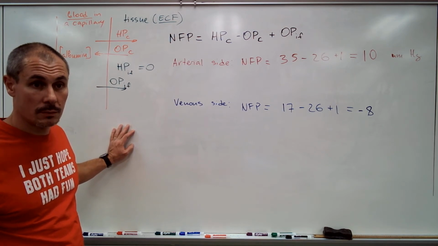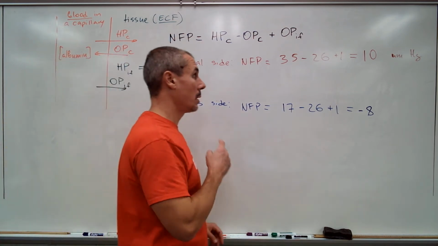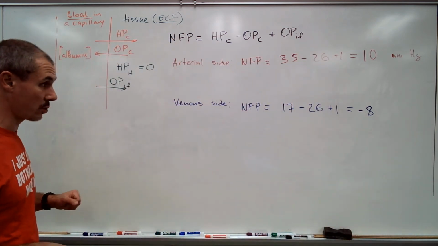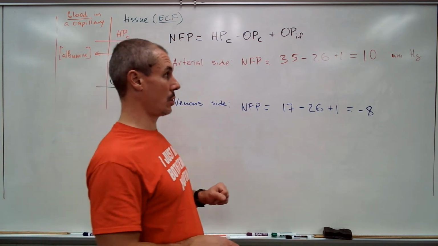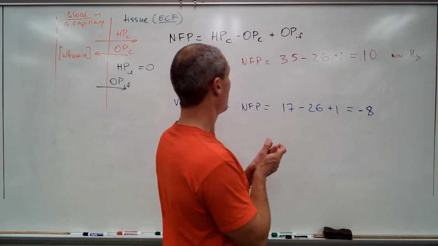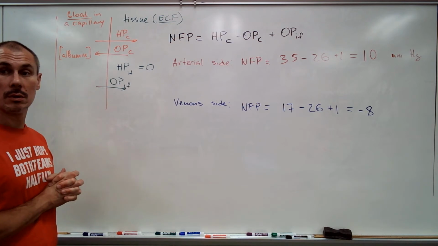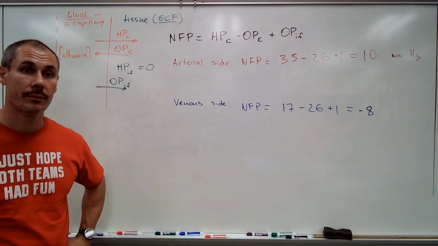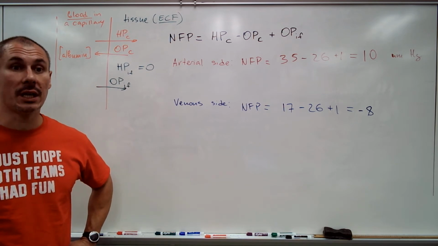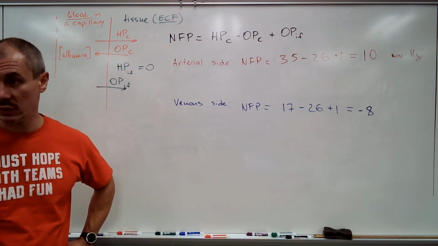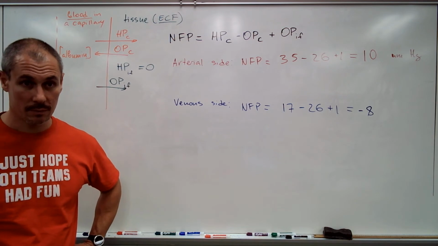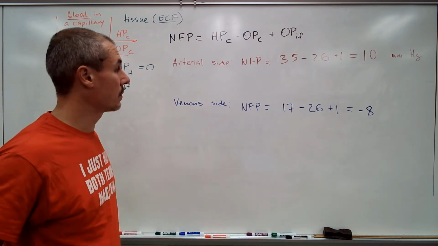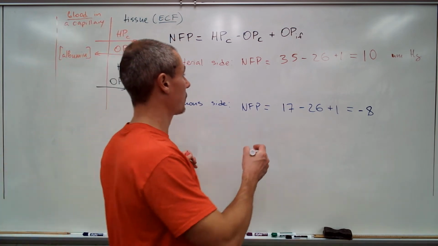Now, here's something that I would like to explore with you. So imagine that we're going to increase the concentration of albumin in the blood, okay? Let's say you are dehydrated. Are you following me? You're dehydrated, so albumin concentration increases.